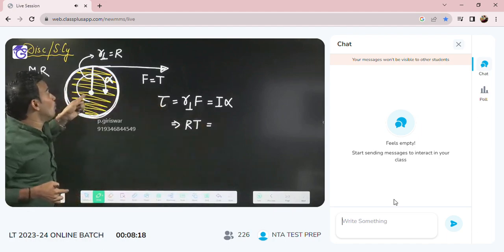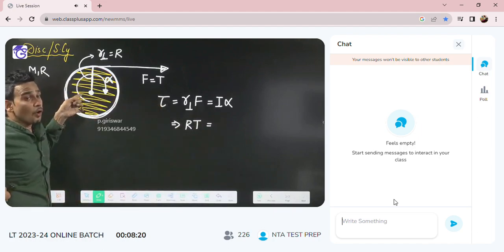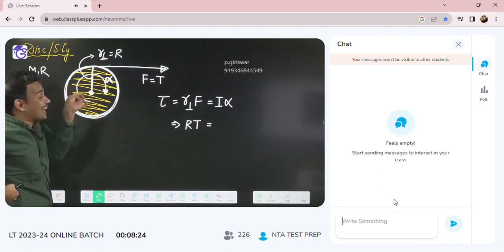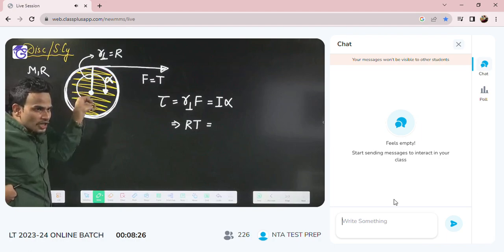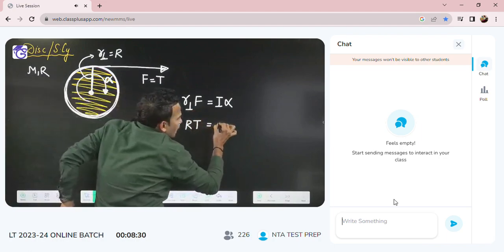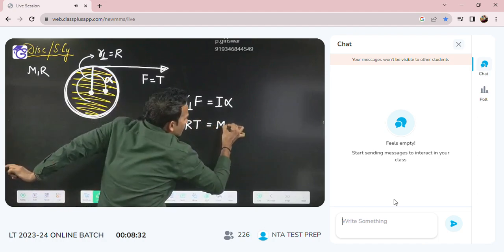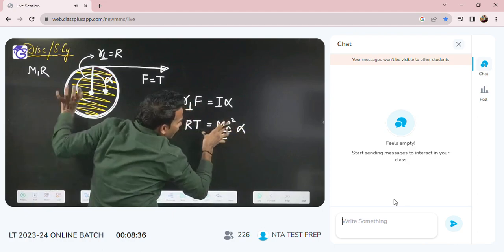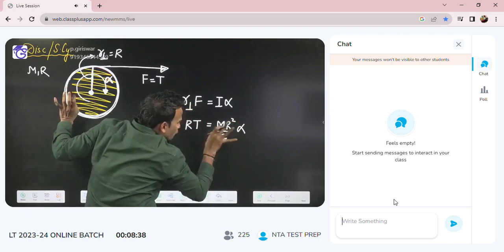Now you know the moment of inertia of the disc about the geometrical axis. The axis of rotation is the geometrical axis, so I for the disc will be mr square by 2, into alpha.